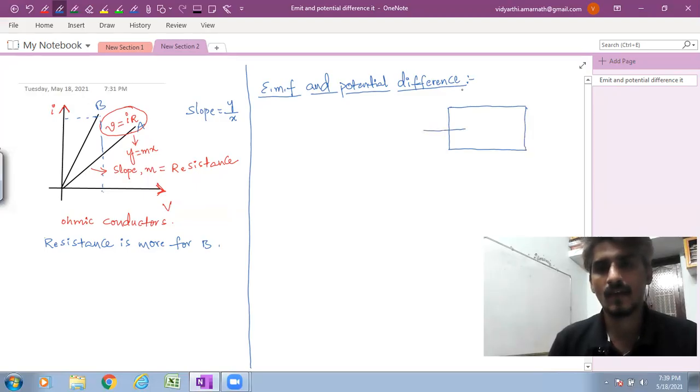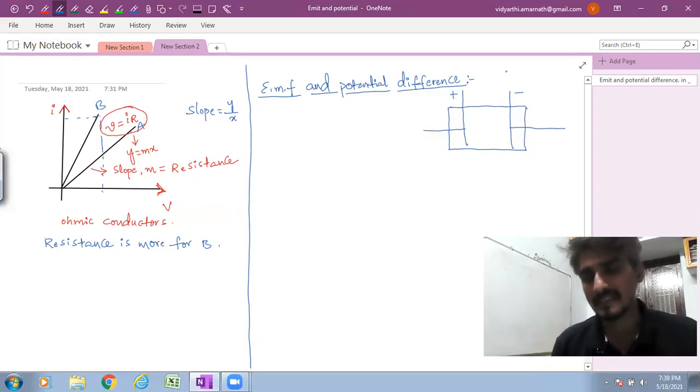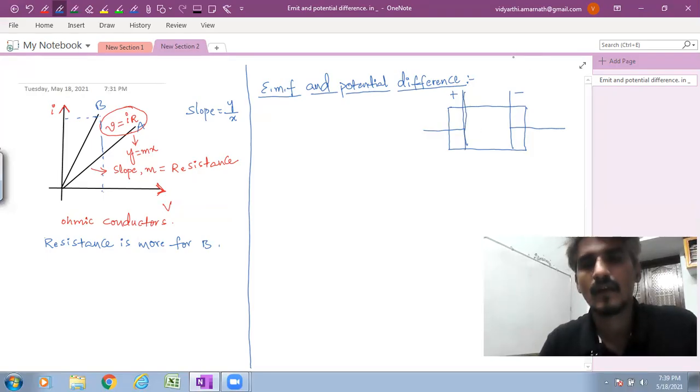In this, there are two terminals. This is one terminal and this is the other terminal. Let us consider this is the positive terminal and this is the negative terminal. Inside it there are two plates.